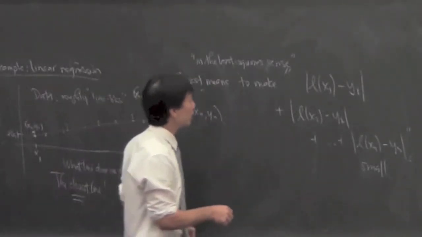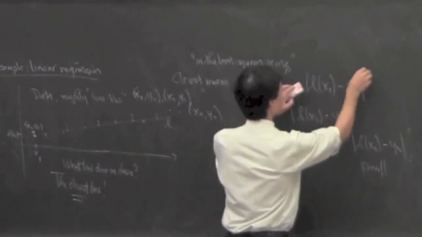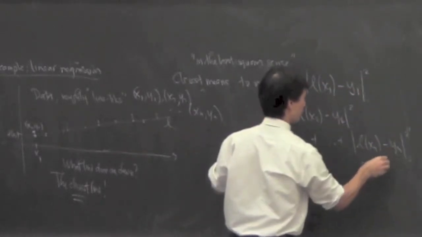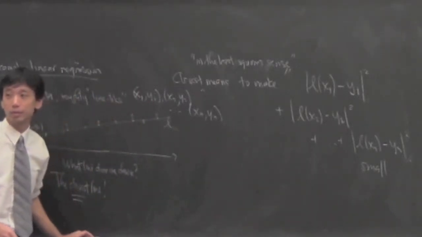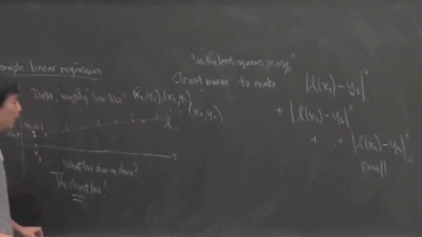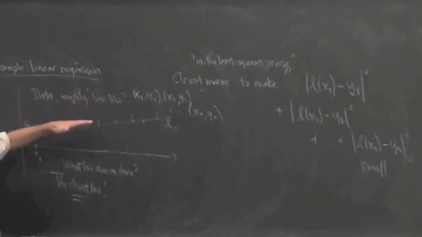Closest in the least squares sense means you take these differences and square them, and you make all those things small. So you look for the line that makes the sum of these squares as small as possible.